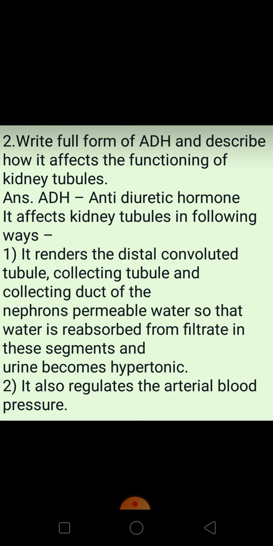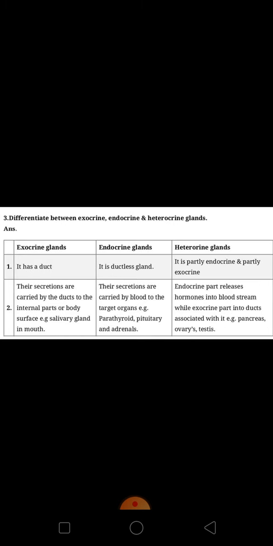So this hormone ADH prevents the water loss from the body. That means it helps in the reabsorption, making the urine hypertonic. Next, it also regulates the arterial blood pressure.